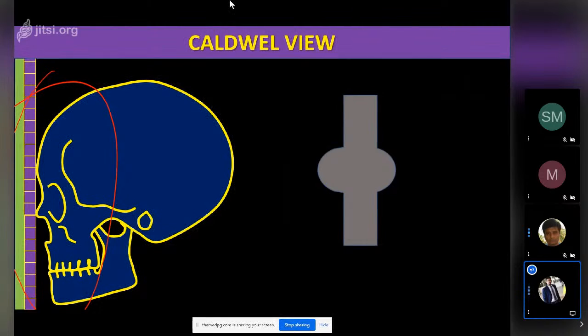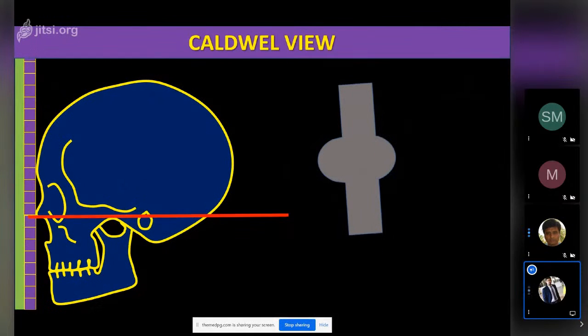As I take my hand closer and closer, the shadow becomes darker and darker. As I go away, the shadow becomes lighter and lighter. This tells us that the sharpness and the size of the shadow become equal to what we see in the body whenever that part of the body is closest to the film. So in this kind of image, a posterior anterior view, the anterior structures are very clearly visible, and this is how we do a Caldwell view.